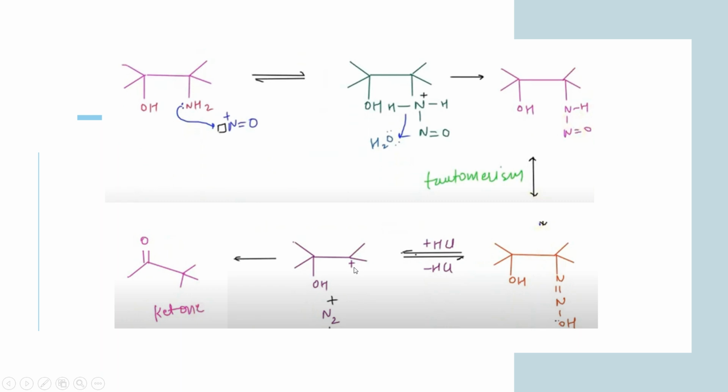Okay, and also you have a beta hydroxyl group. So after the formation of this carbocation in this reaction, the hydroxyl oxygen lone pair will be pushed towards this beta carbon, and a 1,2-alkyl shift will take place to this carbon.